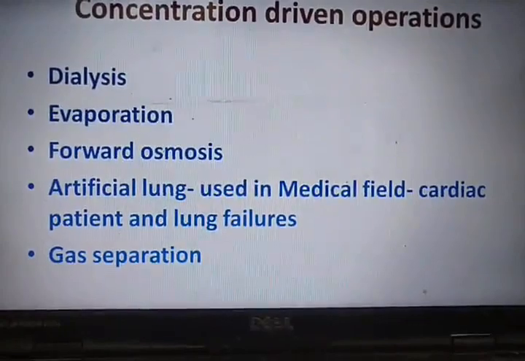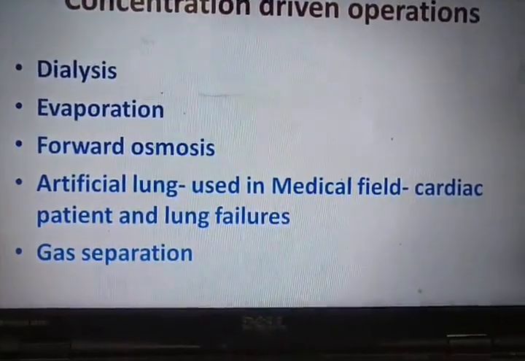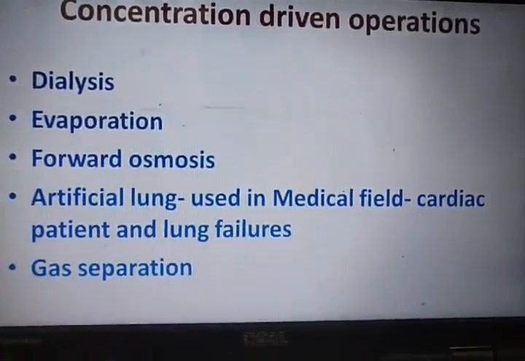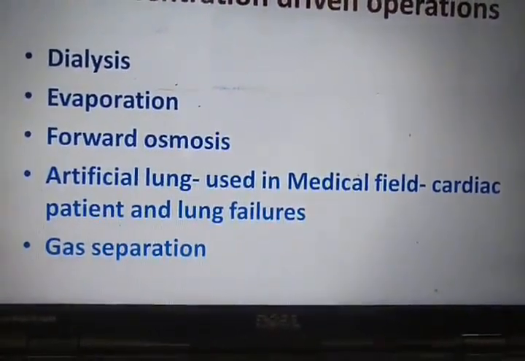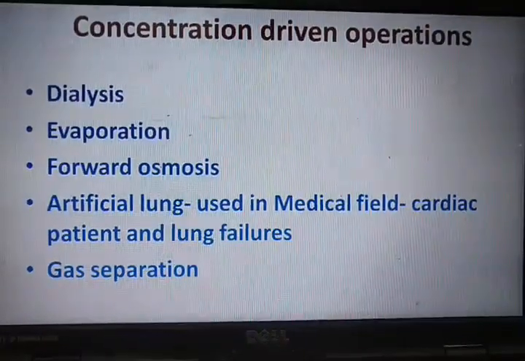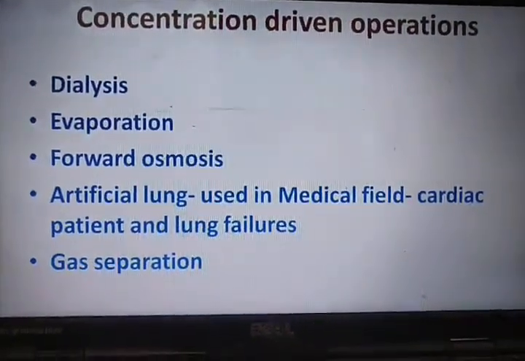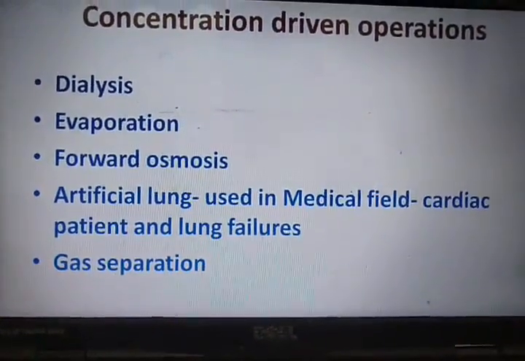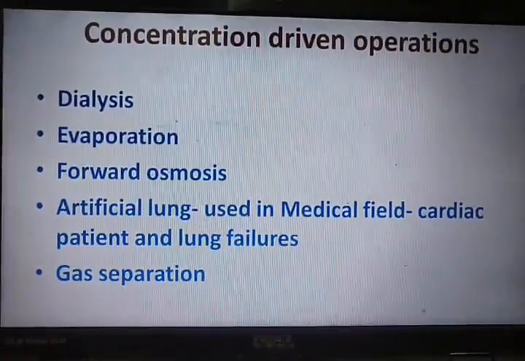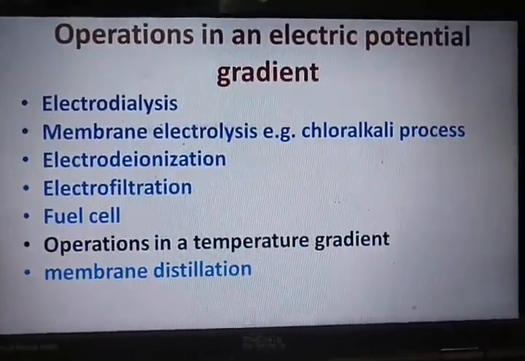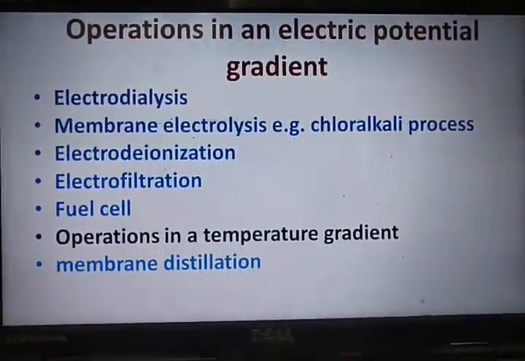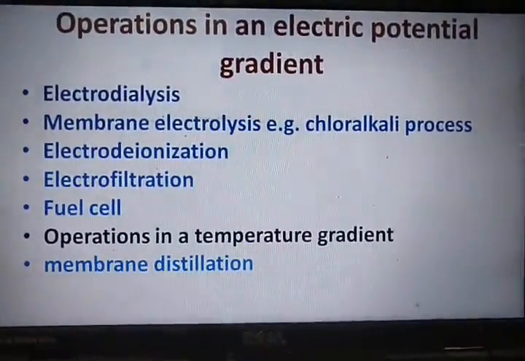and also in cardiac patients. Especially these artificial lung techniques nowadays are extensively used in treating COVID-19 patients, since, as you all know, COVID-19 directly affects lung operation. Then gas separation, these processes are used in industries. Then we have operations using electric potential gradient, that is called electrodialysis.